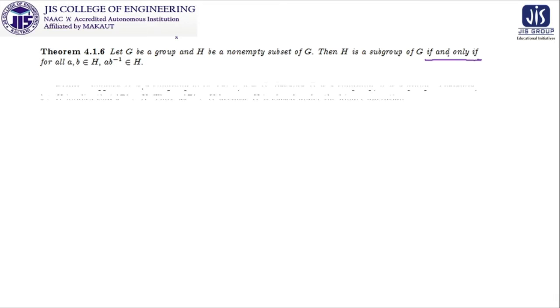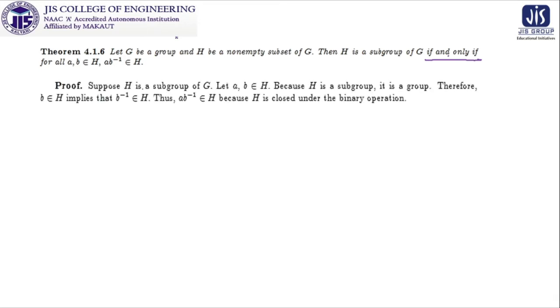Now look at the proof. Suppose H is a subgroup, that means we are taking the left hand side to right hand side direction. As it is a subgroup, it is obviously a group. It is very simple: if b is in H, then b inverse must be in H, and a is in H, b inverse is in H. According to the closure property of a group, a composition b inverse must be in H. What is our required target to prove?